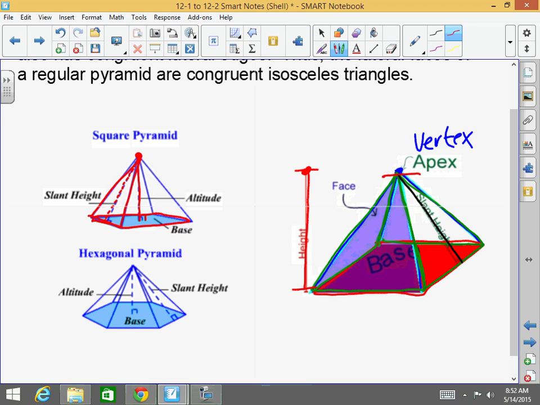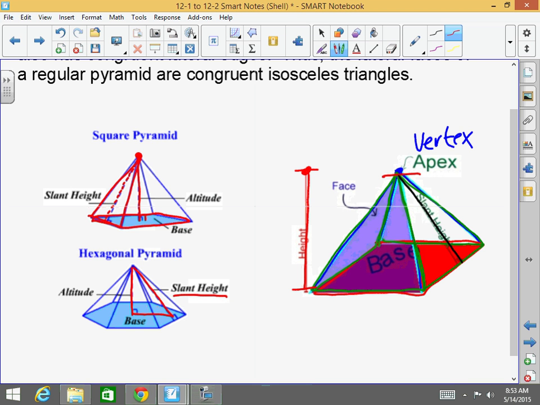If I want to find the slant height, let's look at this hexagonal pyramid. I have an altitude here. Can't I just cut across here, and didn't I create a right triangle? So then I can find my slant height by using the Pythagorean theorem. Does this make sense, guys?